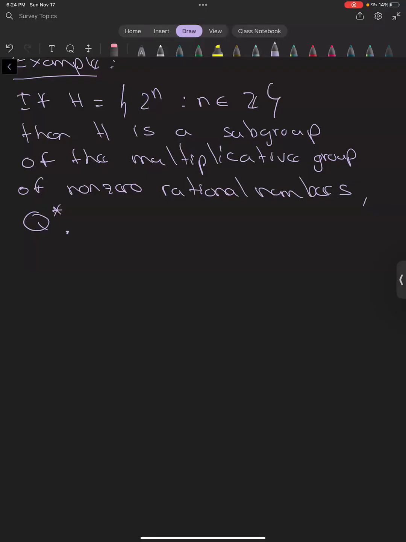Q star is with multiplication. So these are the rational numbers except the 0. This is basically Q minus the 0.